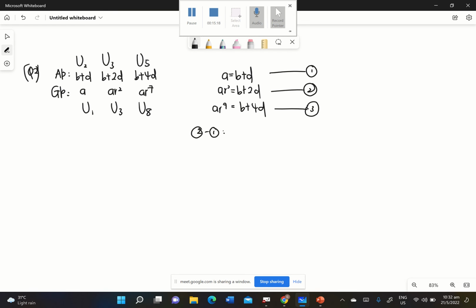Okay, 2 minus 1. Get rid of your B first. This kind of question hasn't come up in A-levels for really long, so better get used to doing it.